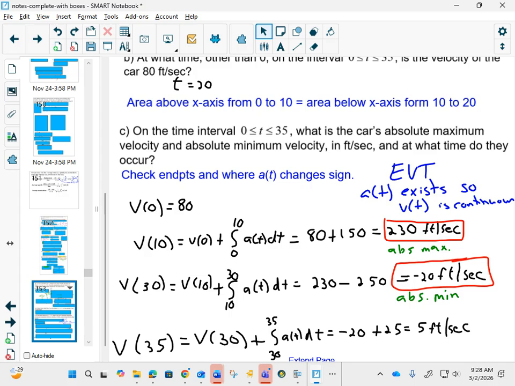Okay, and if they asked you to justify it, you would have to notice that since the acceleration exists, and acceleration is the derivative of velocity, velocity is continuous.